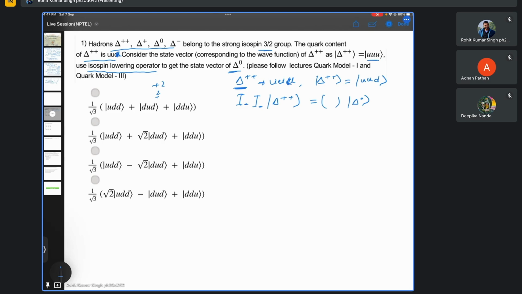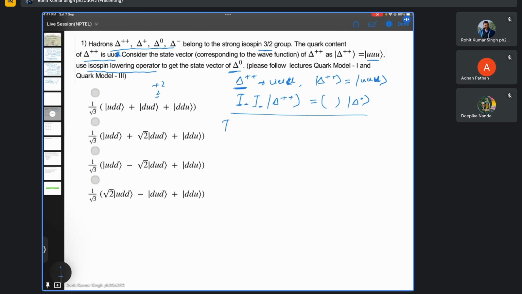Okay, yeah. So this we need to do. In the lectures, this lowering operator is discussed.